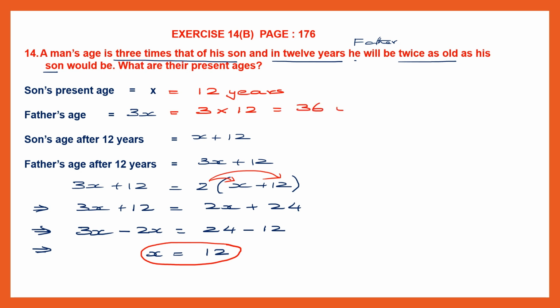So now the father's age also we have found. He is 36 years old and his son is 12 years old. Let's write that. The son's age is 12 and the father's age, or the man's age, is 36. This is their present age.